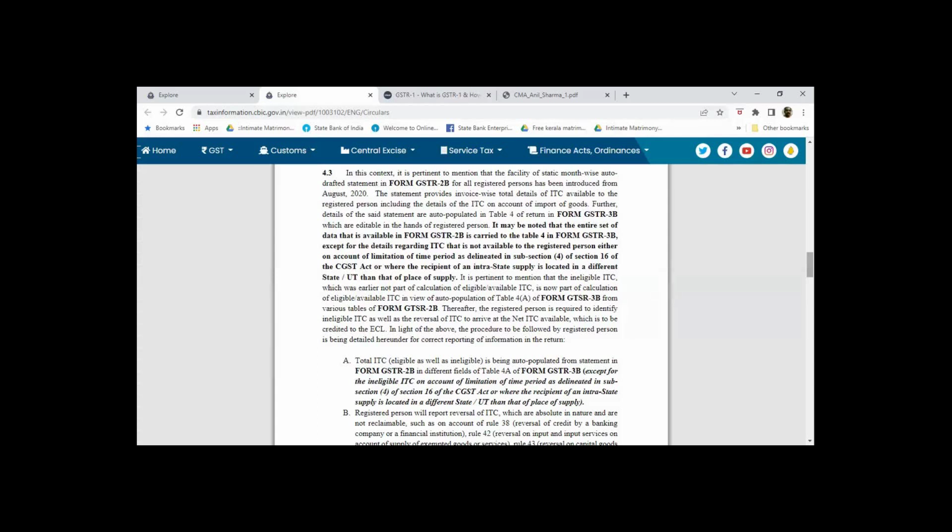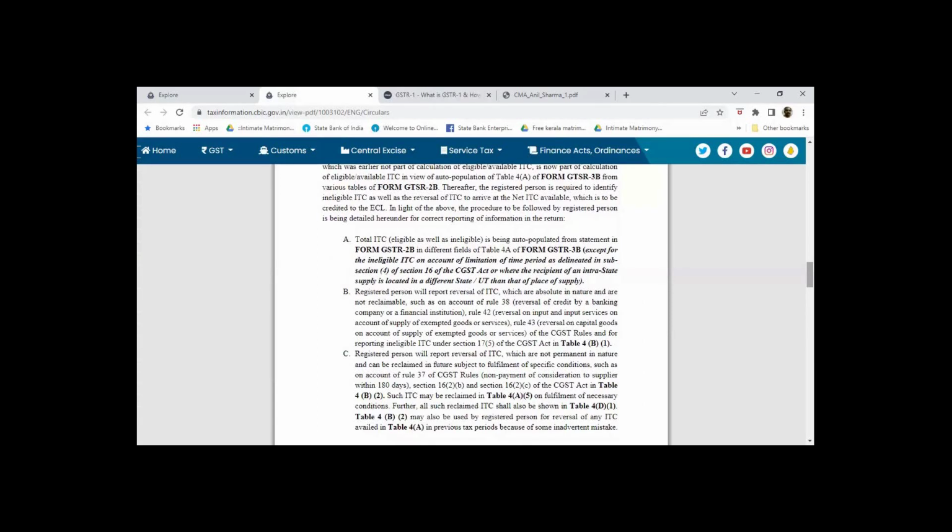So the registered person is required to identify ineligible ITC as well as the reversal of ITC to arrive at the net ITC available, which is to be credited to the electronic credit ledger. These procedures are to be followed by the registered person, which is being detailed here.